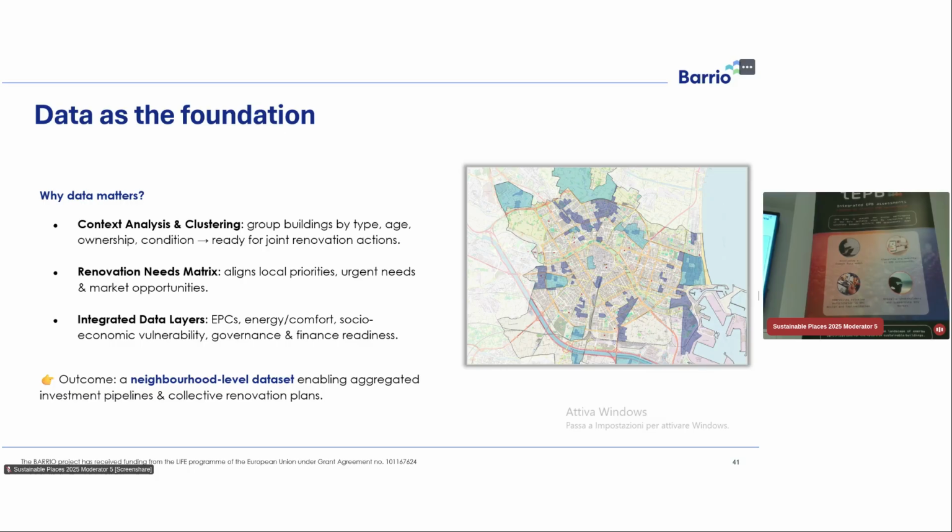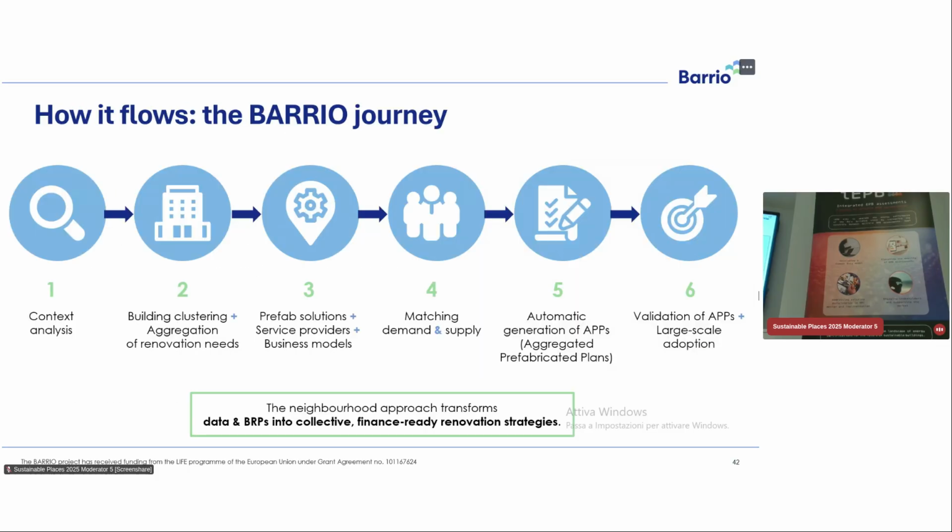And then, on the basis of this, we are going to build integrated data layers based on EPC, energy comfort, socioeconomic vulnerability, governance, finance readiness. This is a first screenshot of what we are going to build. And as an outcome, we are going to deliver a neighborhood scale level data set that will enable aggregated investment pipeline and collective renovation plans.